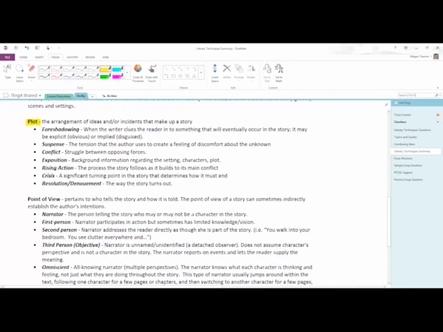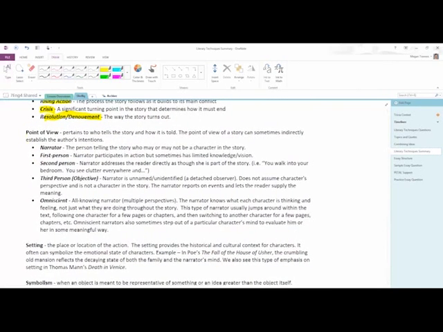Okay, so how the author has constructed their plot is a particular technique. So the use of foreshadowing, suspense, conflict, exposition, rising action, a crisis, and the resolution or denouement are examples of plot techniques that an author will employ when trying to put forward an idea in their novel.